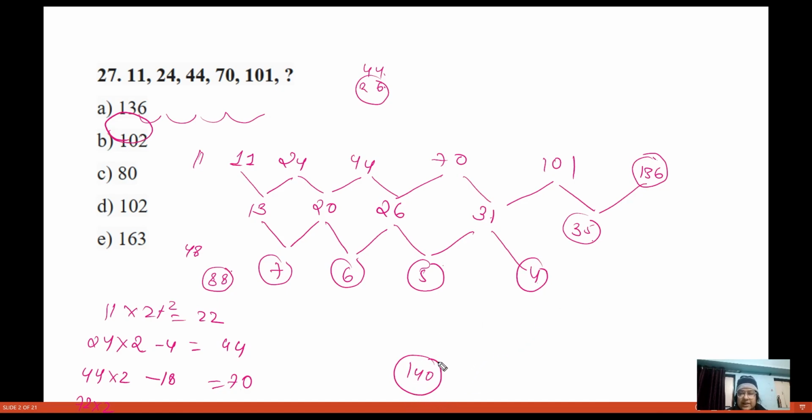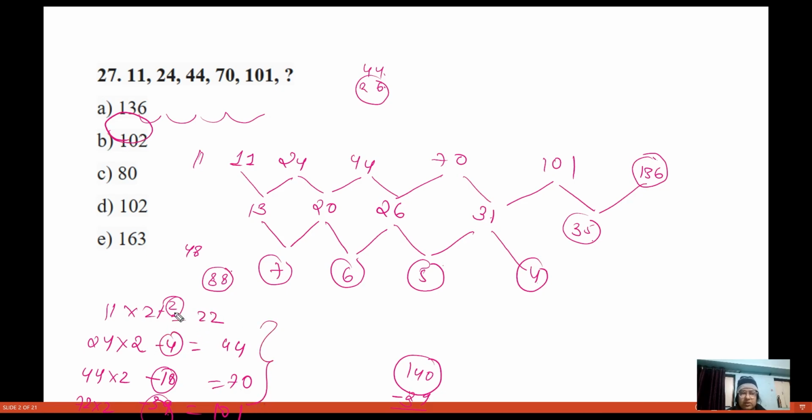Not 29, it is 39 here. So we subtracted 39 to get 101. Now for this I find there is no logic. There do not seem to be any particular connection here, so we'll discard this logic.